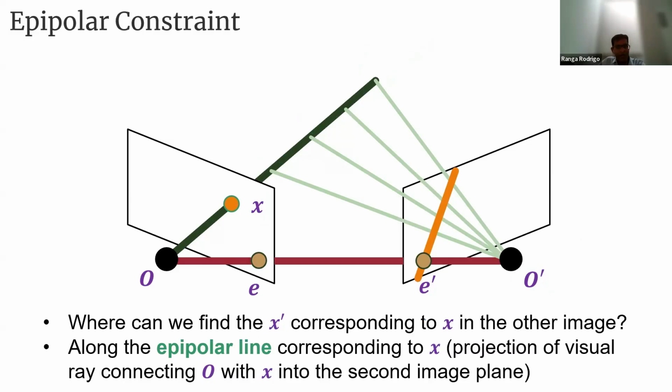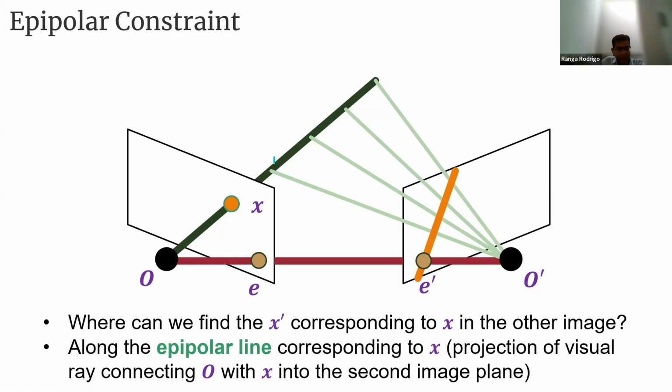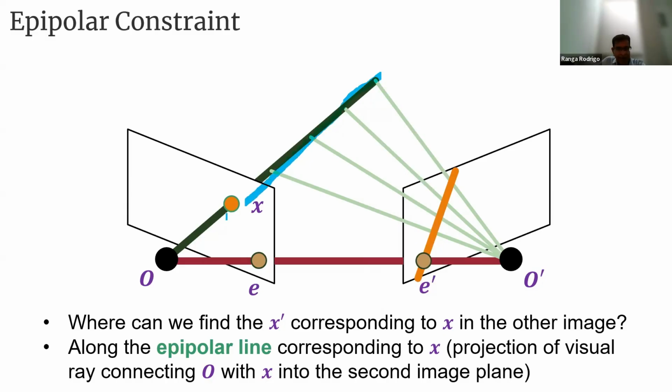Where can we find x prime corresponding to x in the image? Along the epipolar line, the projection of the visual ray connecting O and x in the second image. I hope you understand that. I will show that again. So consider this ray. This is that ray we are talking about. That ray is projected here in this other image. That is the line.